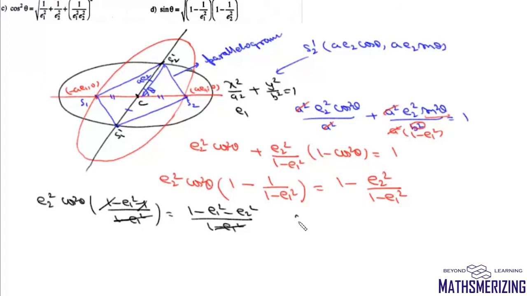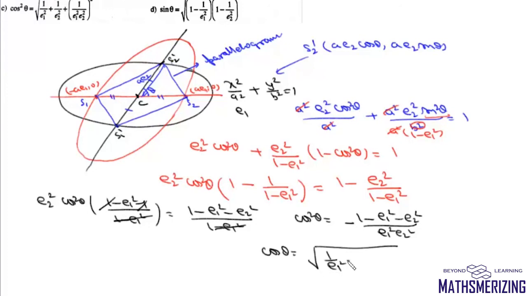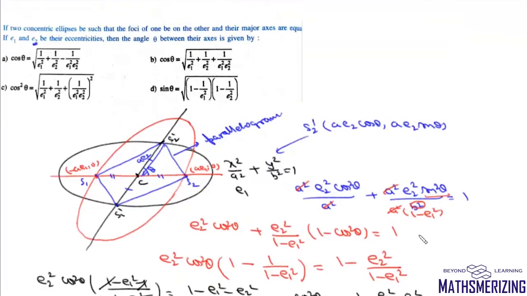So we'll get cos square theta as 1 minus E1 square minus E2 square, and then we have this minus E1 square into E2 square. So from here we'll say value of cos theta will be 1 upon E1 square plus 1 upon E2 square minus 1 upon E1 E2 whole square, and that's your option number A.